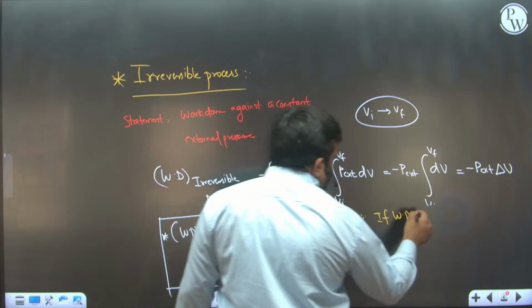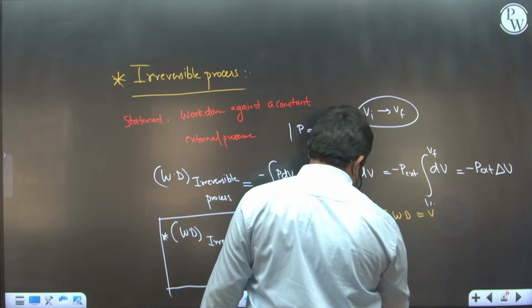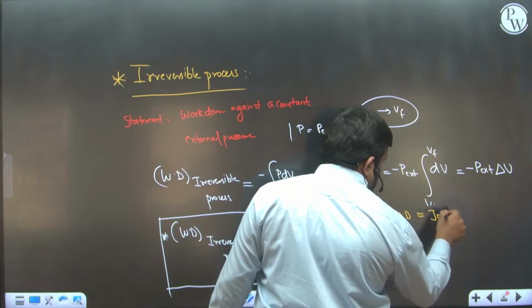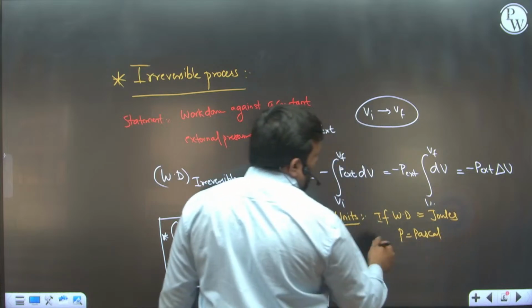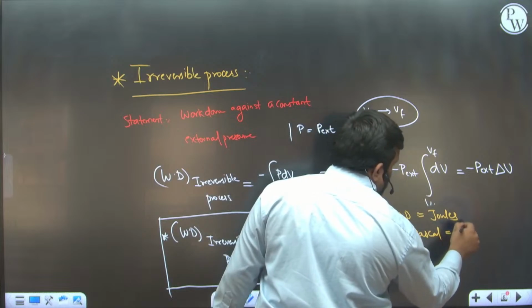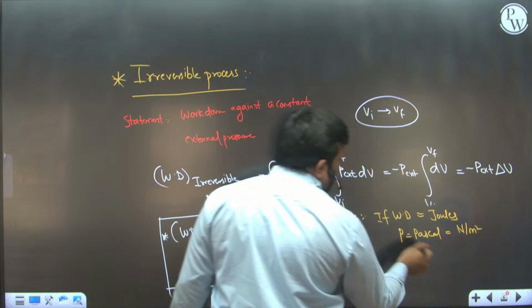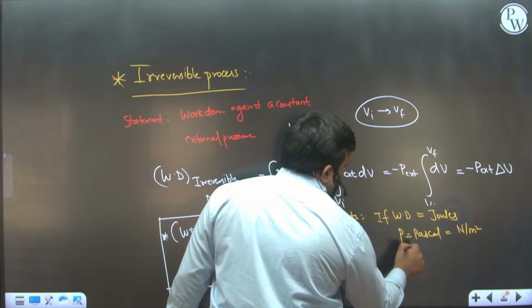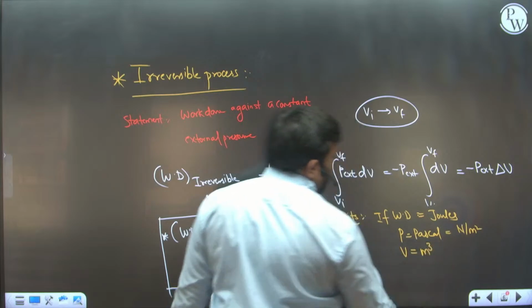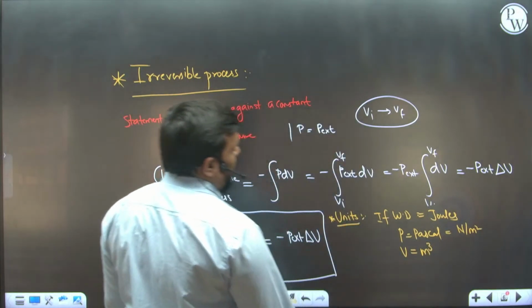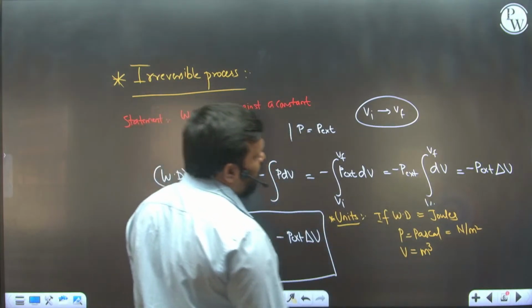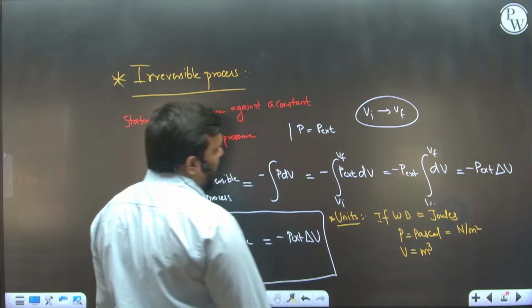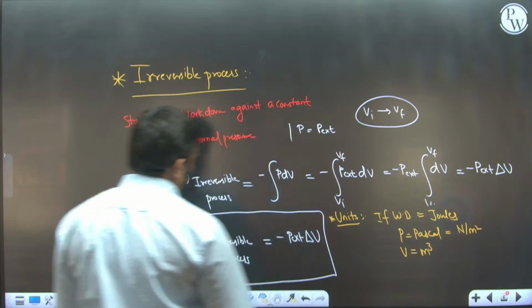If you want the work done to be in joules, the pressure should be in Pascal, or Newton per meter square, and the volume should be in meter cube.